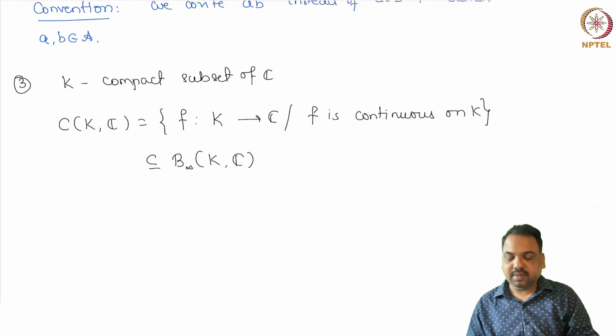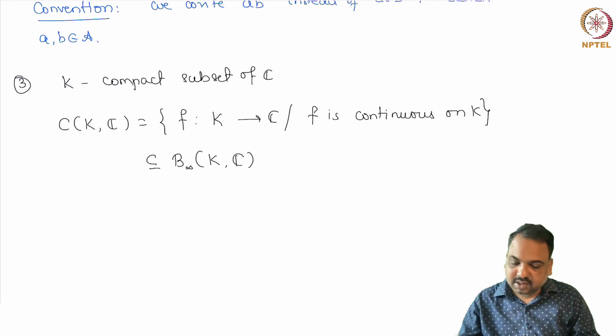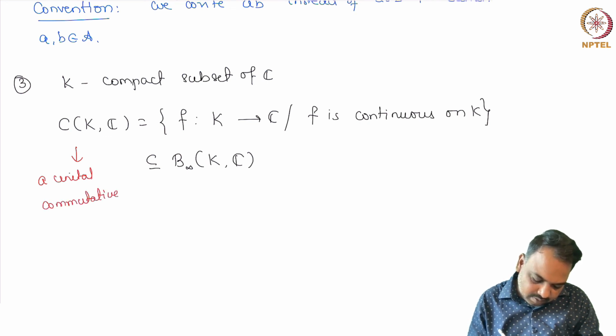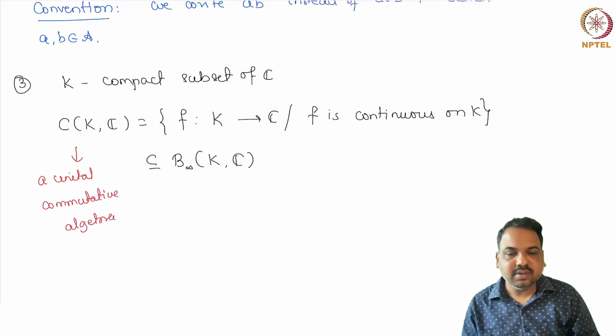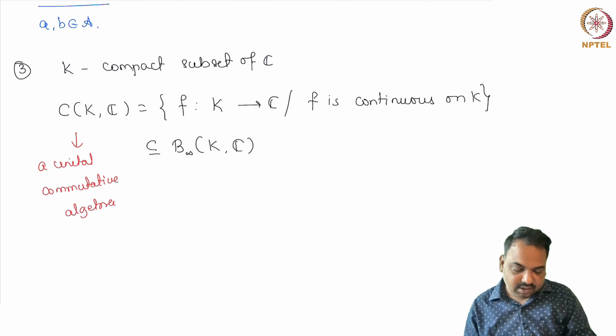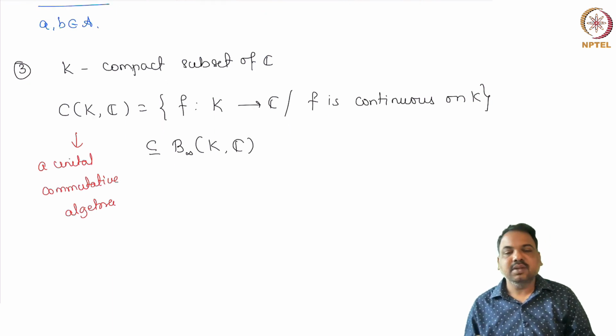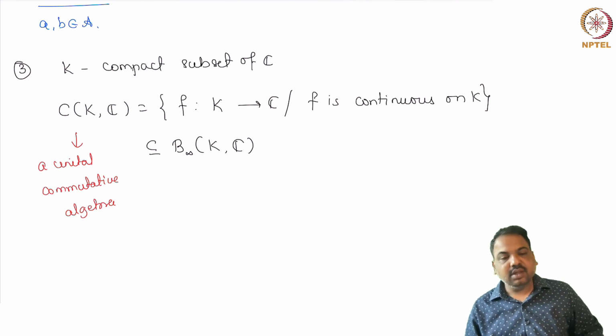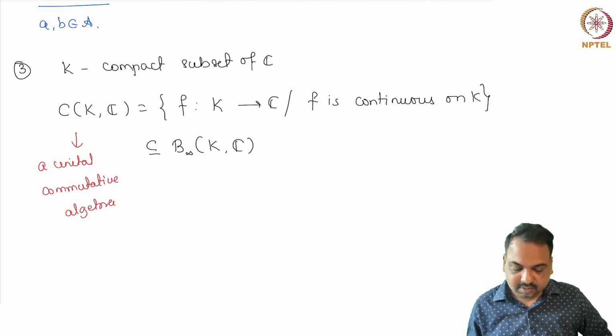And with respect to all the operations that we have defined earlier, we can show that this is also an algebra, not only an algebra, a unital commutative algebra. So we can also say that it is a subalgebra of B infinity(K, C). Subalgebra means it's a subset, and with respect to the same operations of B infinity, it is independently in its own right also an algebra. So that's why it is called a subalgebra.